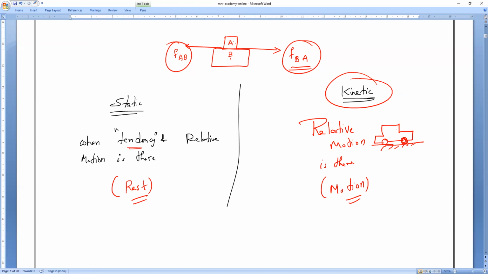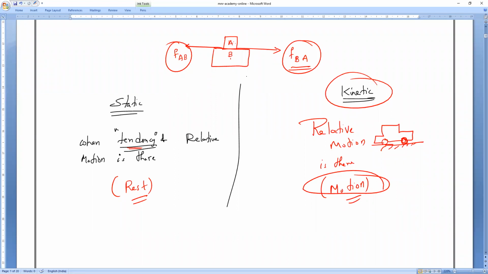Body is in motion. That is what we call kinetic friction. Everybody clear? A tendency of relative motion, that is the state of rest, and that friction is called static friction. And already in relative motion, then that is called kinetic friction.